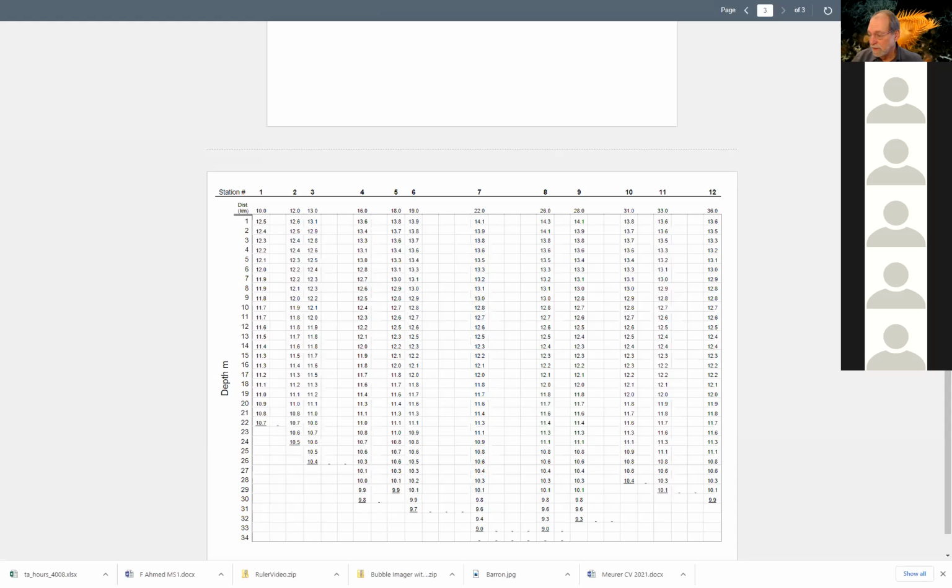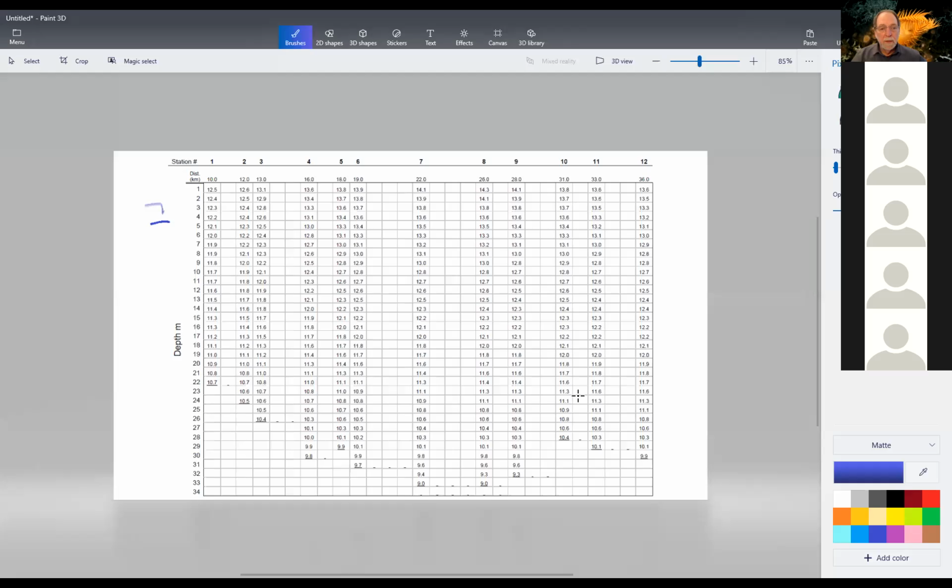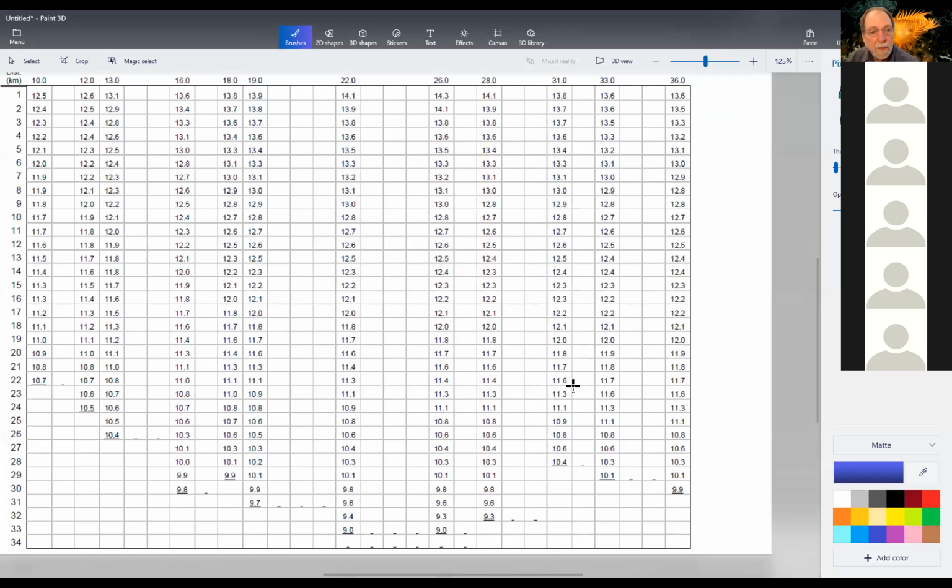So I'm going to stop sharing here, and start sharing. Okay. So this is the set of readings that you were given and asked to contour.